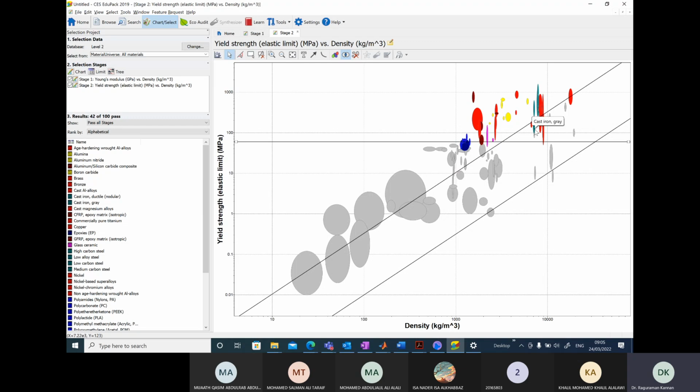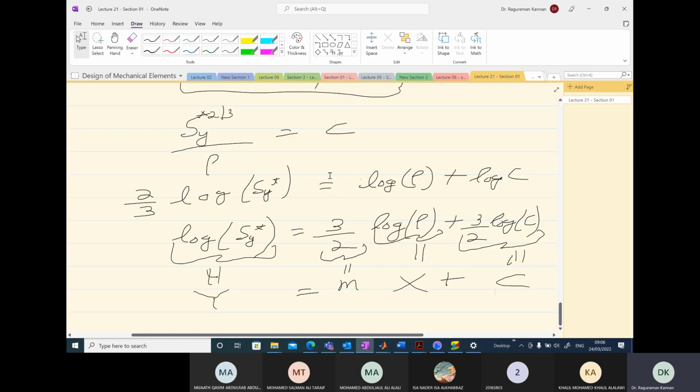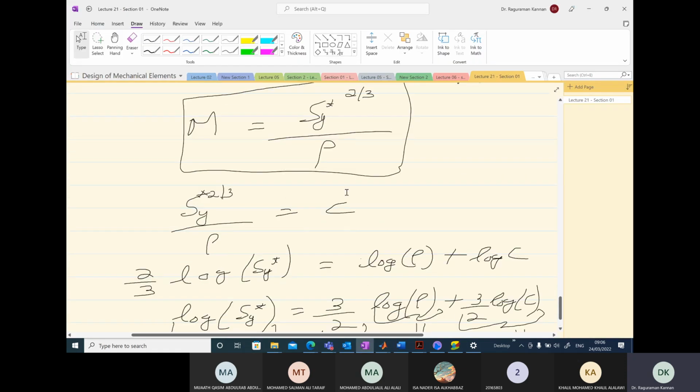If you point to any bubble, you can see different alloys being displayed here. Okay. So this is how you select. Again, remember that we want to maximize this quantity. In which direction is it maximized? Very easy, very simple here.